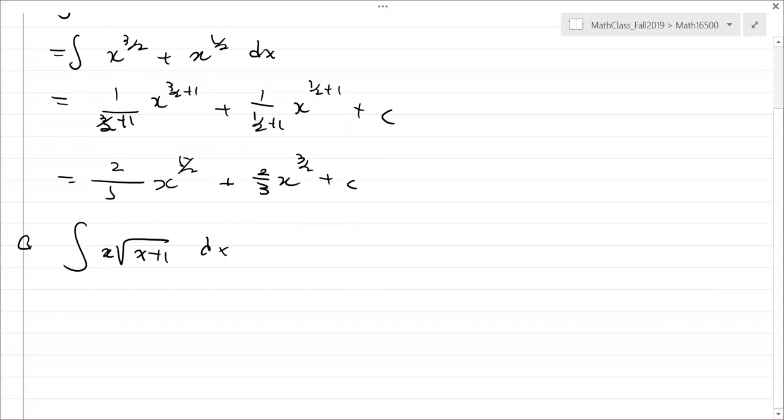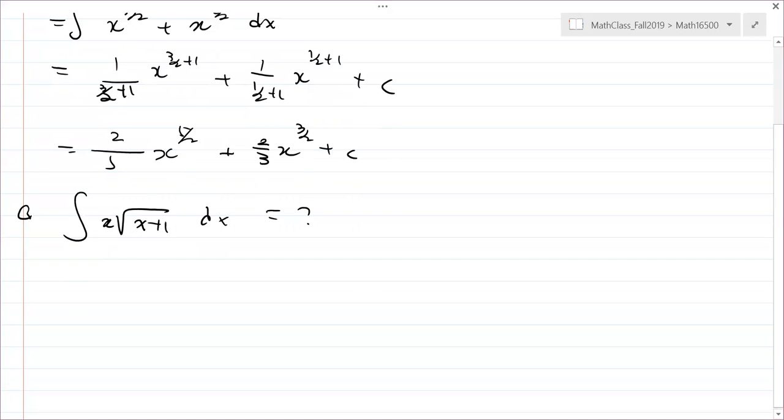You cannot express the product as a sum of power functions. This is a challenging problem, right?